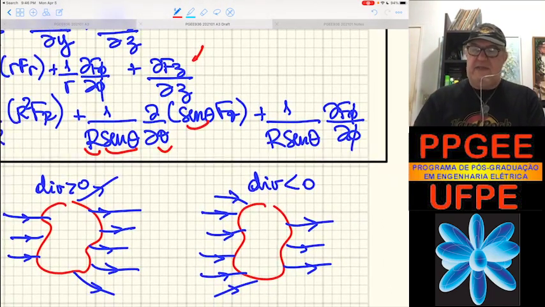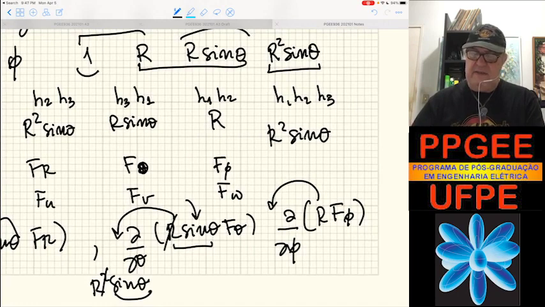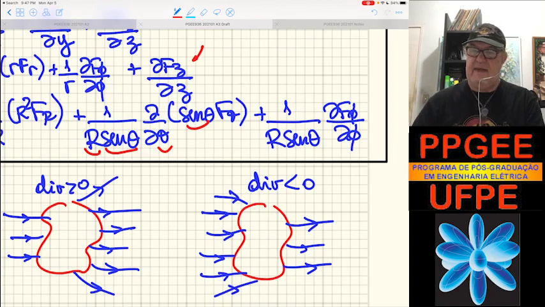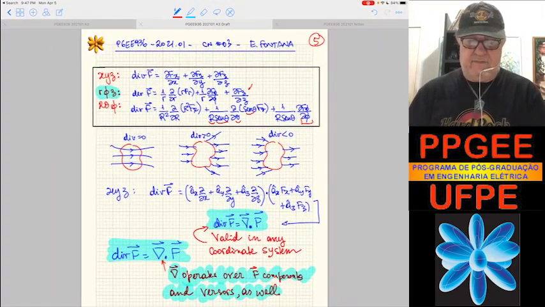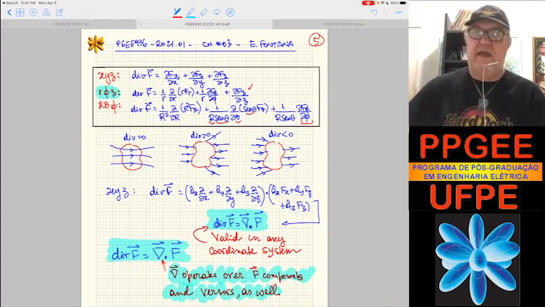And finally, the last one, we're going to have this R coming out. It's going to cancel R squared. So we're going to have 1 over R sine theta, the F phi, the phi. Last term, right? So these are the expressions.